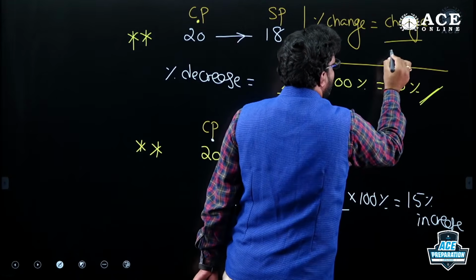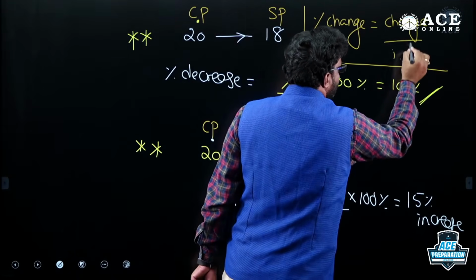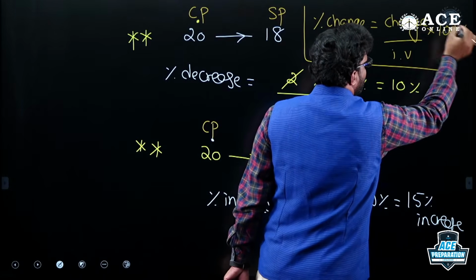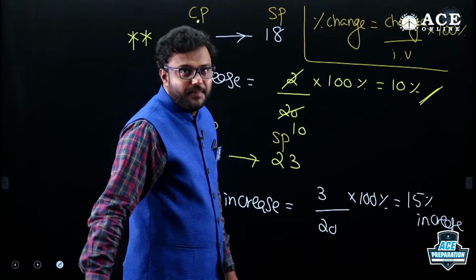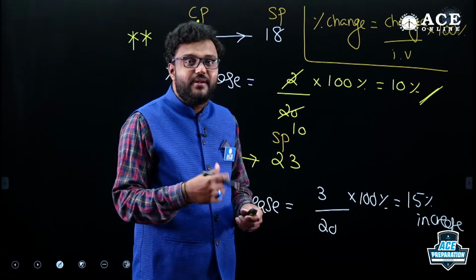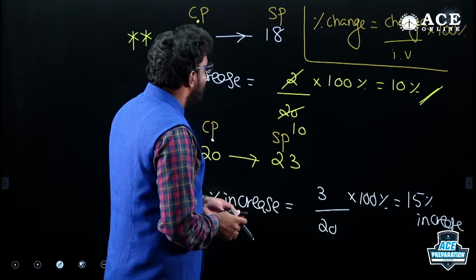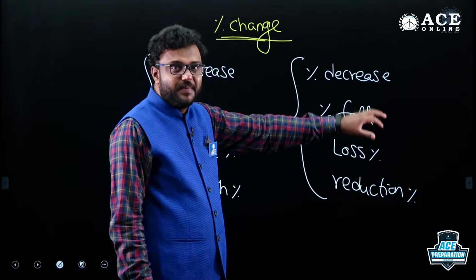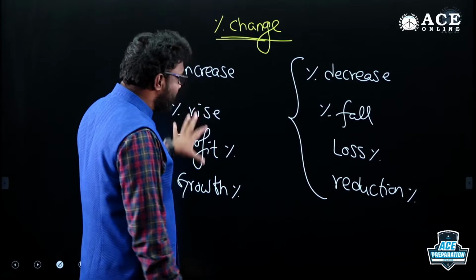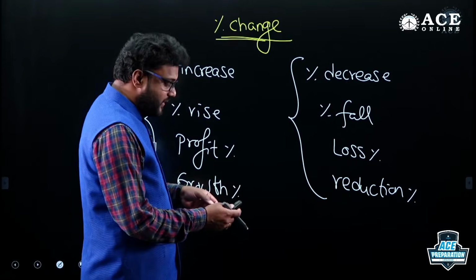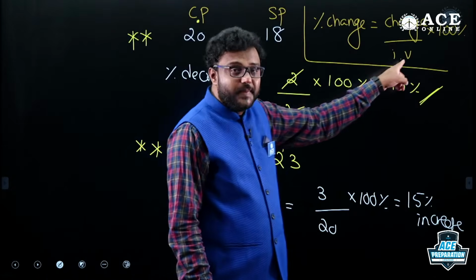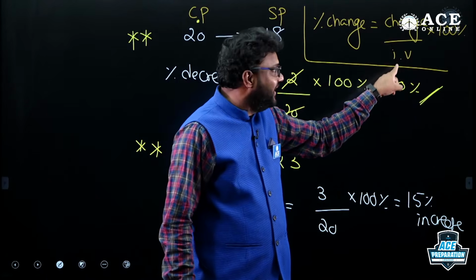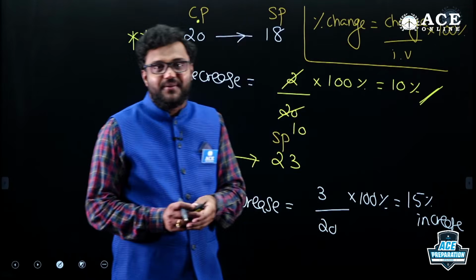So you can handle all this: loss percent, reduction percent, percent fall, whatever they are asking. Change with respect to initial, whether it is increase or decrease, profit percent or loss percent, with respect to the initial value only we have to do.